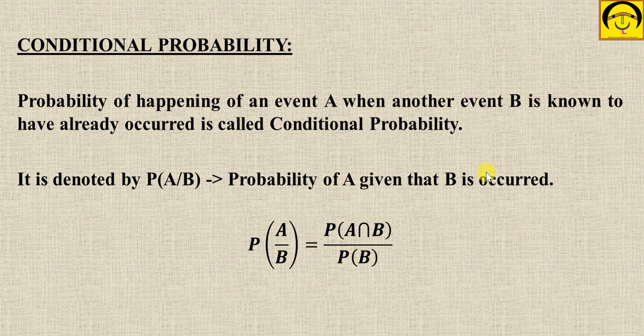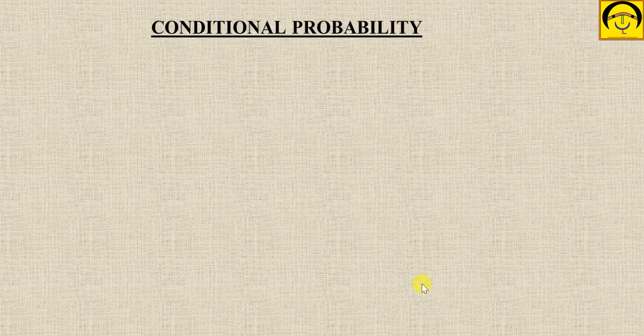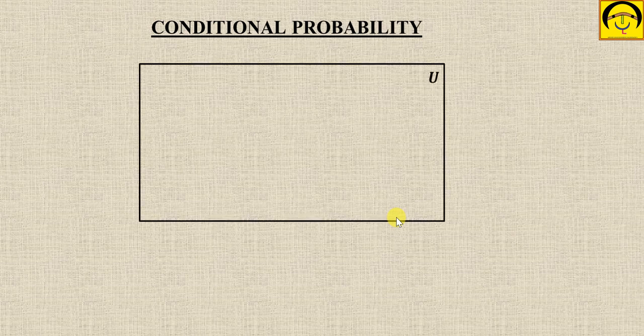You can read this as A given B, means probability of A given B. You can also say probability of A given that B has occurred. So the formula is P(A|B) = P(A ∩ B) / P(B). So let's understand how this formula works by using the Venn diagram.